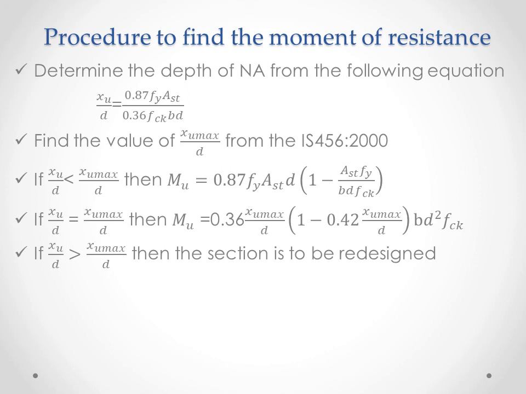For the cases, that is balanced, under reinforced and over reinforced, we now know how to analyze the design of a beam, how we'll find the moment of resistance, and the depth of neutral axis that we'll be using throughout this module, just to check whether the beam that we're going to design is stable or not. So with this I would like to conclude.